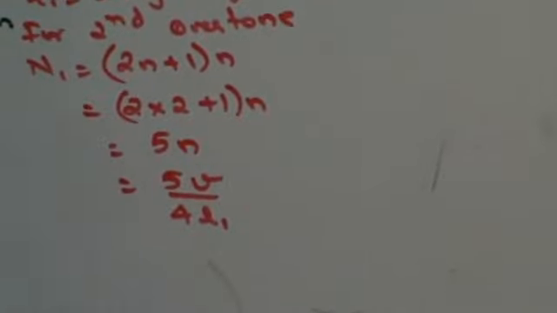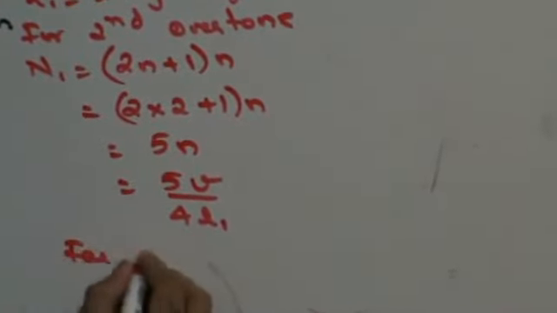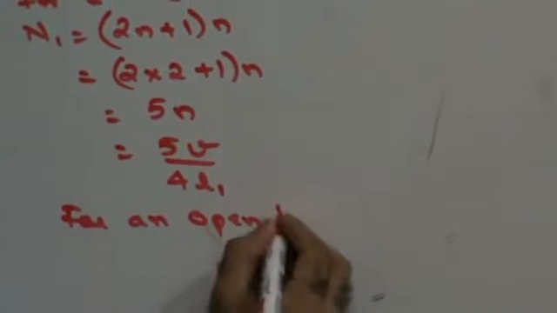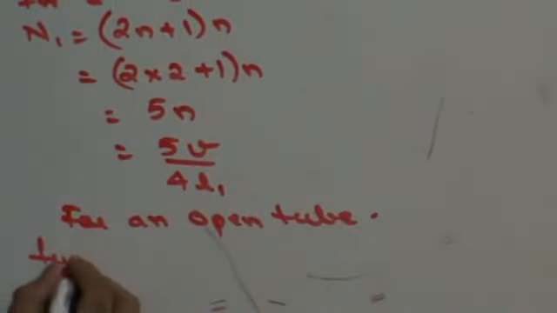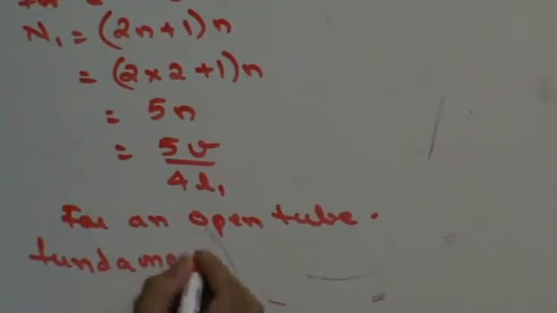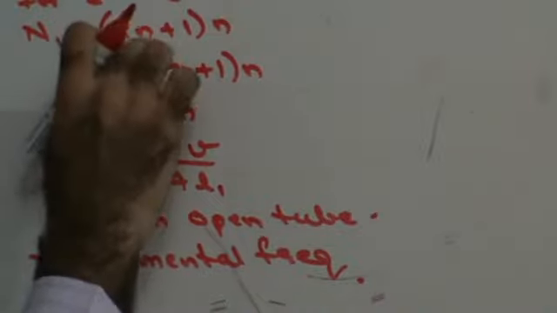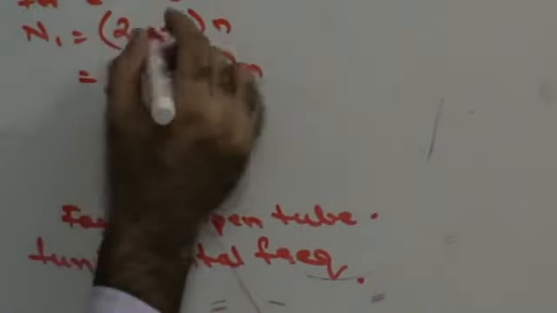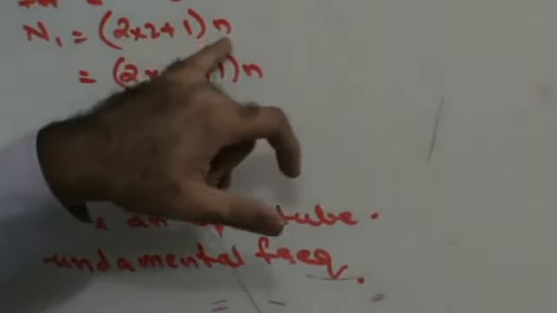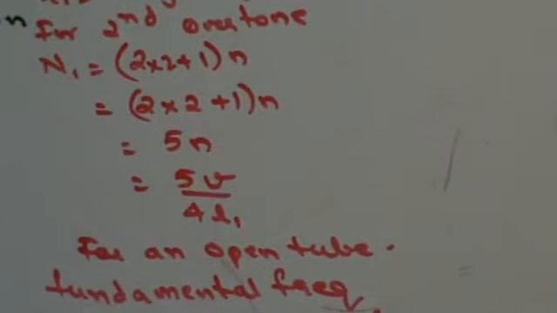Now for an open tube, the fundamental frequency. Here small n is the overtone number, so you directly write this as 2 into 2 for the second overtone, and this n indicates the fundamental frequency, right?